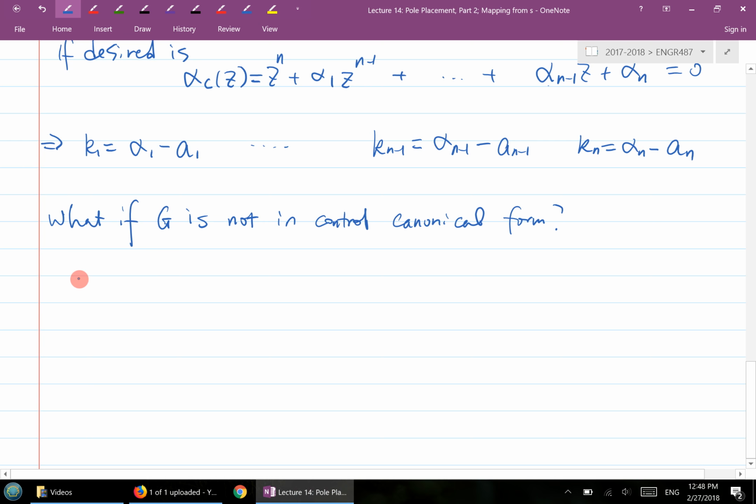So basically the solution is to transform the G into control canonical.